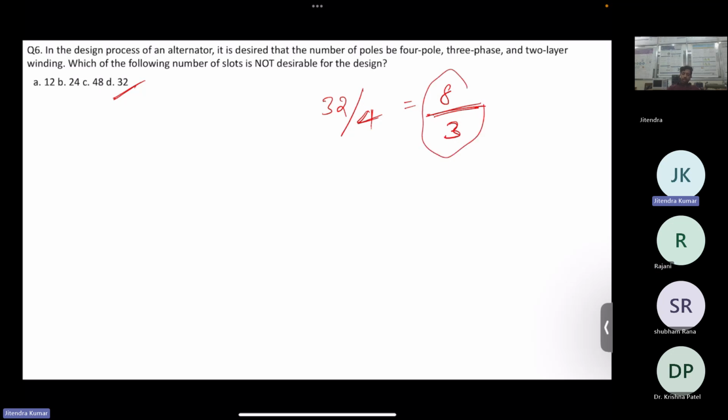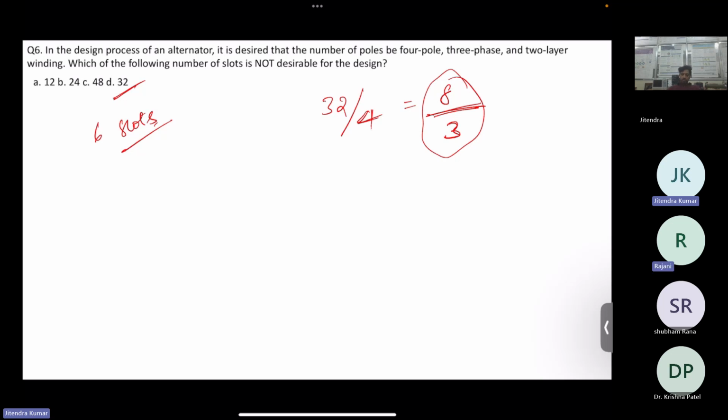Let's say you had six slots in the option. Whether six slots is a feasible design for this four pole and three phase machine or not?